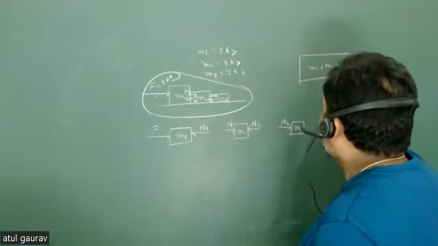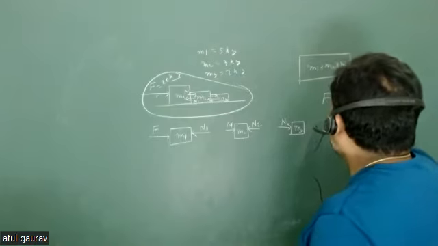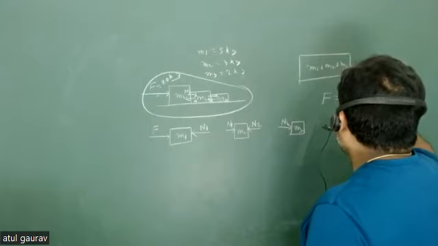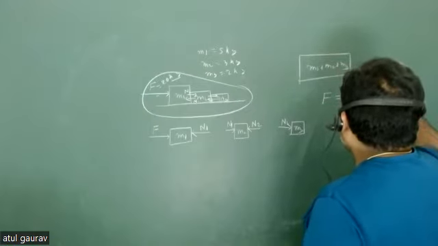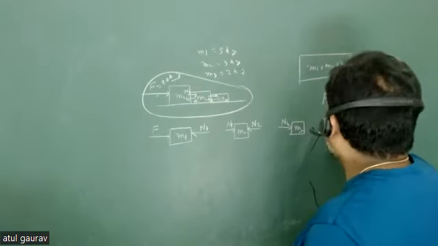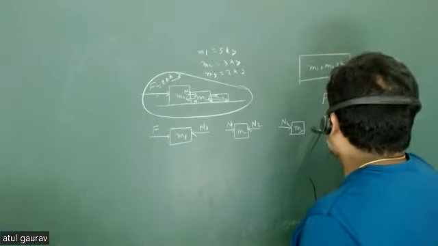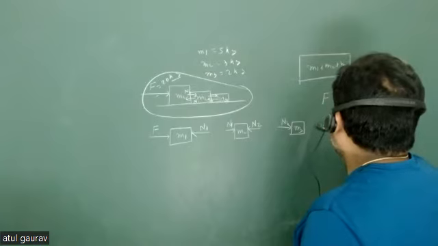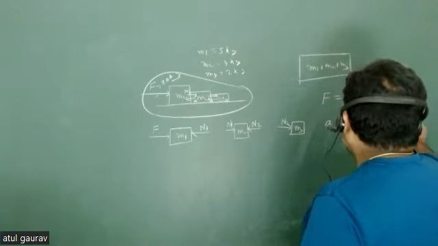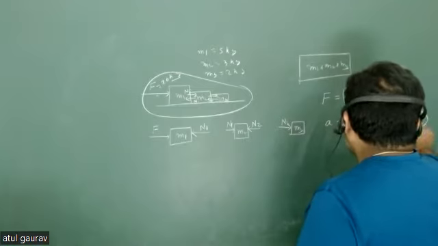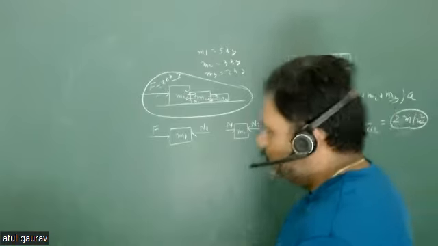What will be acceleration? F is equal to (m1 plus m2 plus m3) into a. And what is your value of a? a is equal to 20 by (5 plus 3 plus 2), and that value is equal to 2 meter per second square, है ना?